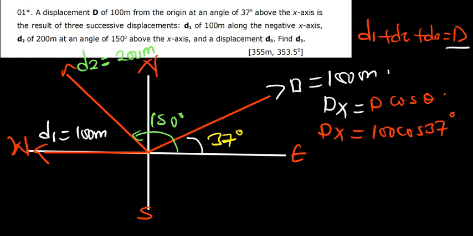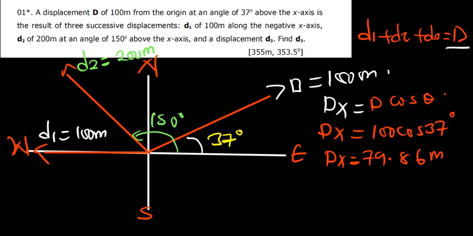I'm getting 79.86. So my dx is 79.86, which is just the same as 79.9. But let's just put 6 like that. Okay? Now it is in meters. That is my x component of vector D.